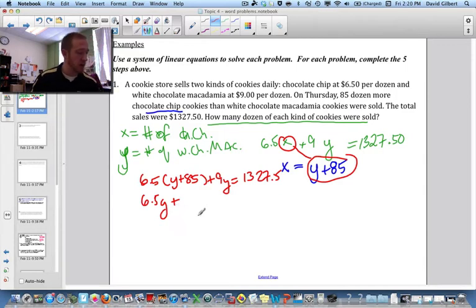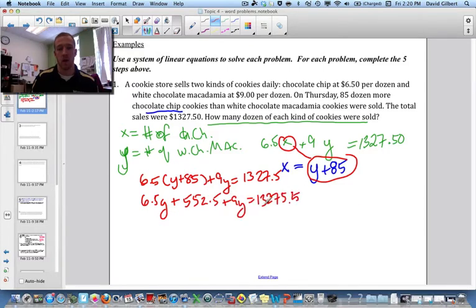So 85 times 6.5 is 552.5. Now I combine like terms, and then I'm going to subtract the 552.5.